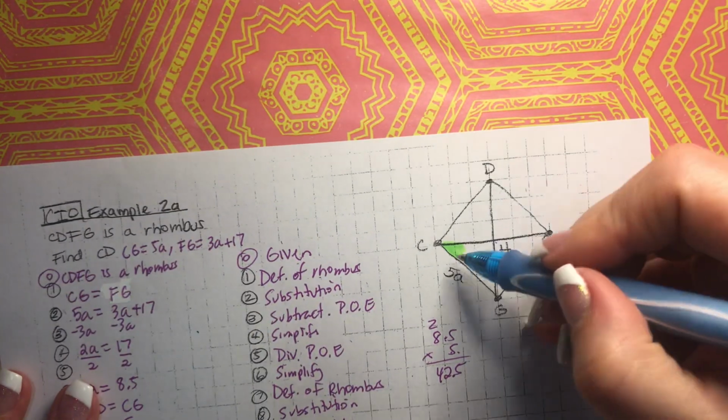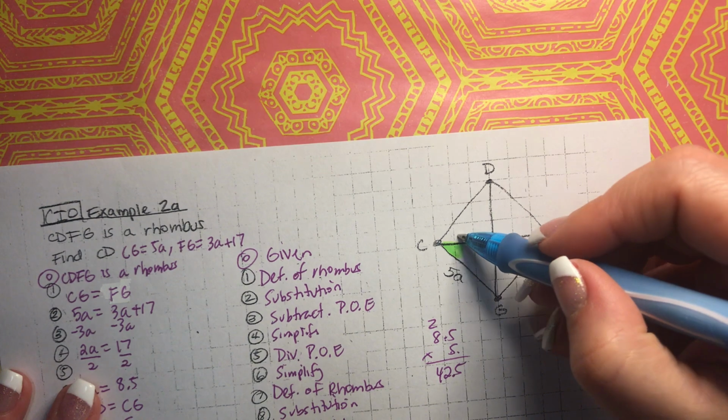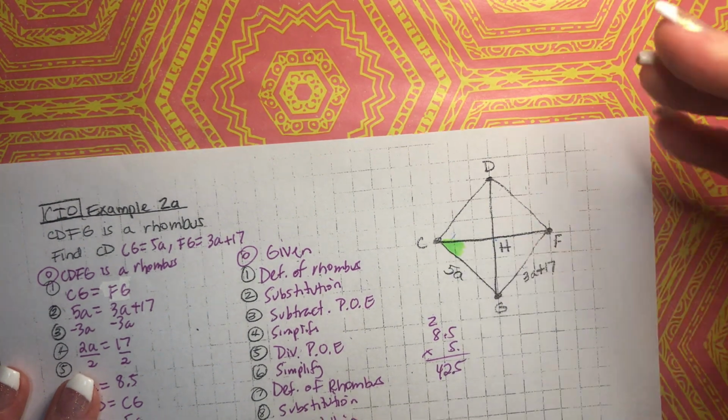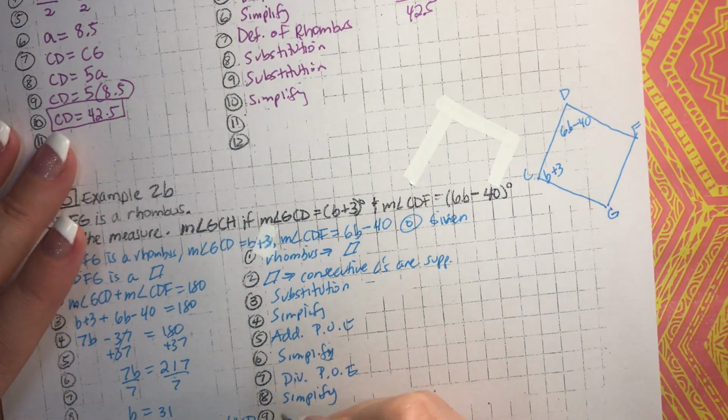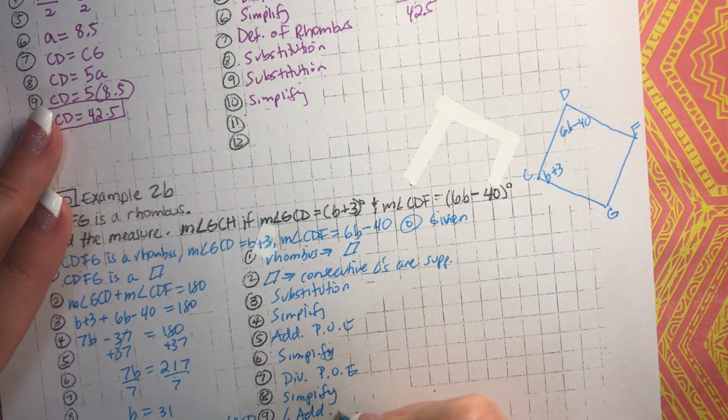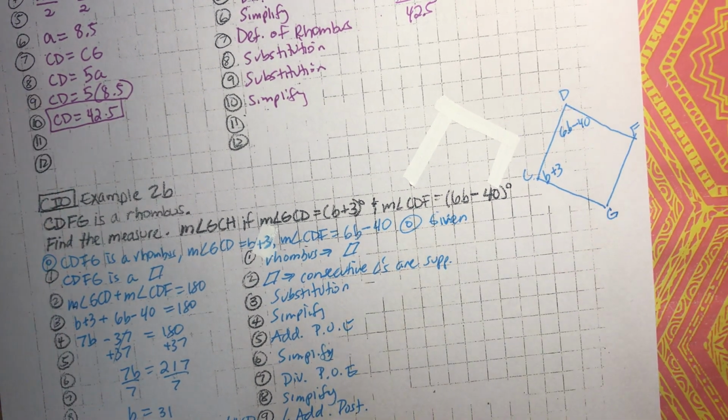It's this angle and this angle, and these two angles add up to the whole angle. That's just the angle addition postulate.